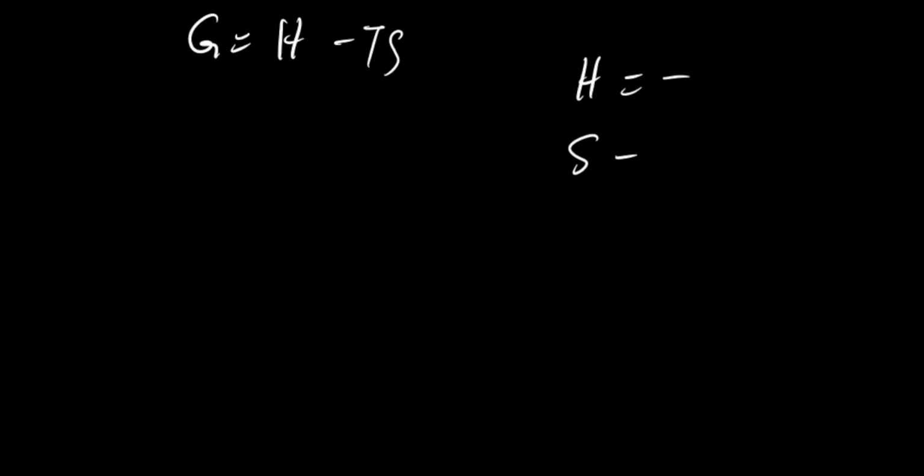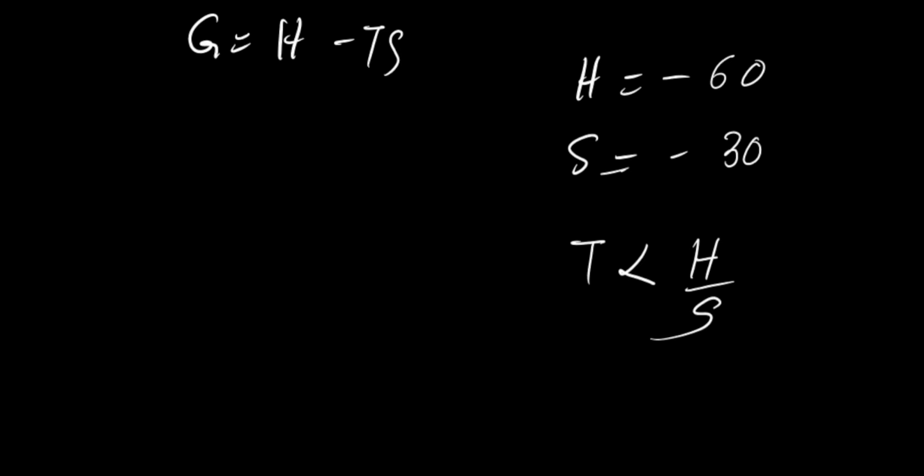So let's apply this very quickly. We have G equal to H minus TS, and we established that if H is negative and S is also negative, then the condition for this reaction to be spontaneous is that the temperature must be less than the ratio of H to S. Take for instance, we have H to be negative 60 and S to be negative 30.